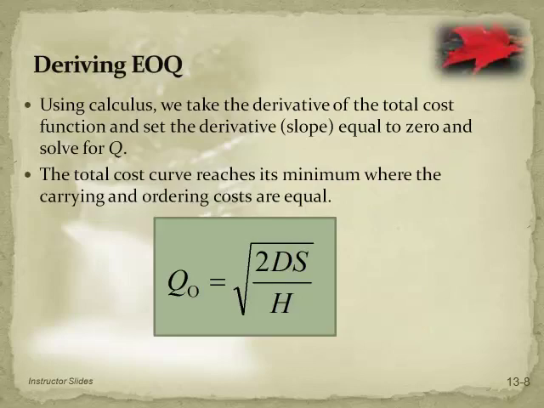So, solving the equation for the optimum quantity. We could use calculus, which would be the difficult way to do it.